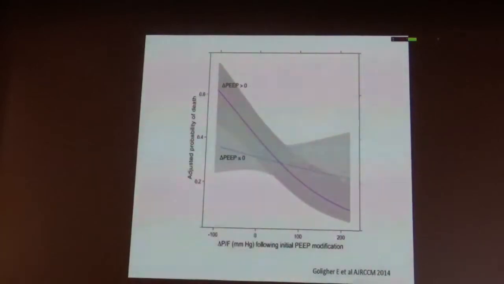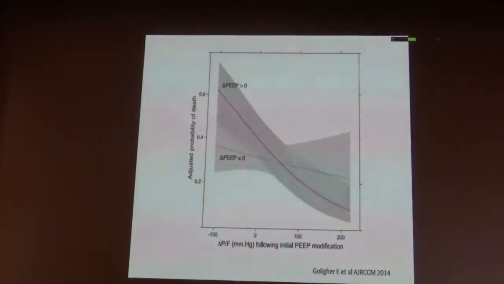What he showed retrospectively was that patients who responded in terms of oxygenation, so this is the delta PF in millimeters of mercury when the patients were switched from their initial PEEP to the high PEEP arm of the study, the better the response in oxygenation, the lower the mortality.